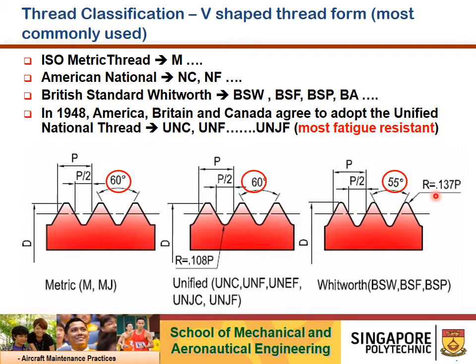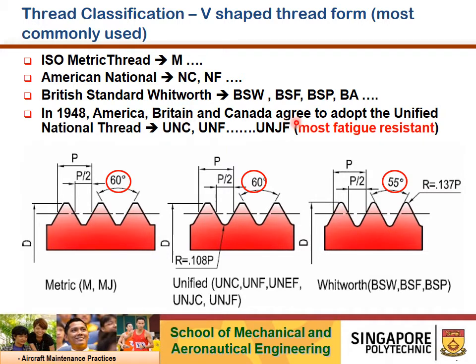Thread classification. V-shaped thread form, and it is most commonly used. ISO isometric thread is indicated by M. American National is NC, NF, and so on. British Standard Whitworth is denoted by BSW, BSF, BSP, and so on.